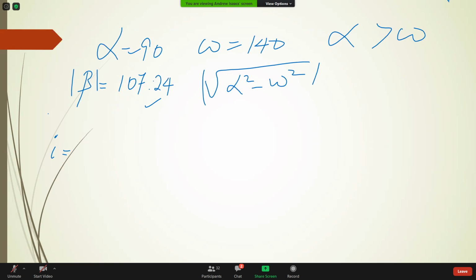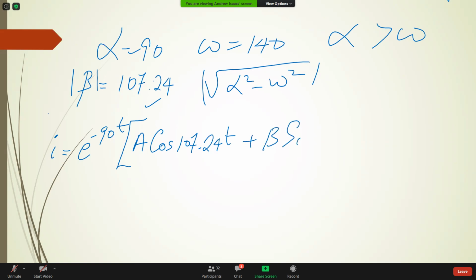It's e to the minus 90 t times, in brackets, A cos 107.24 t plus B sin 107.24 t. Excellent.